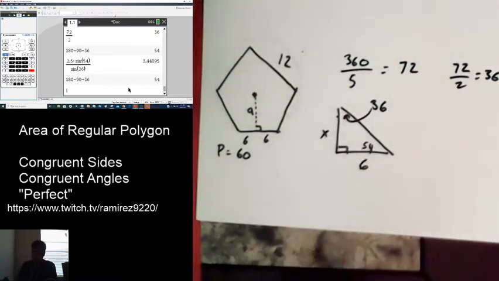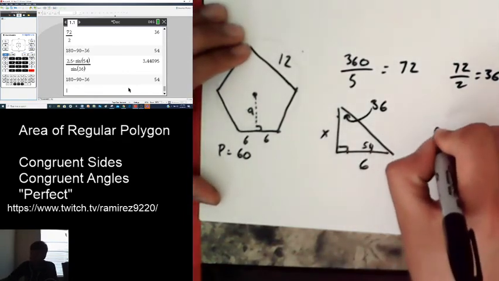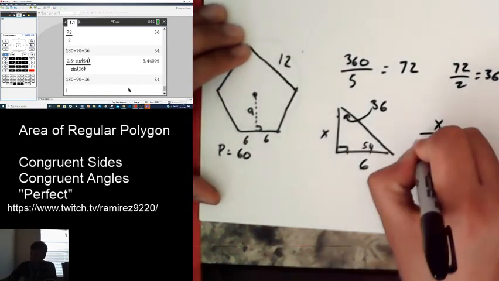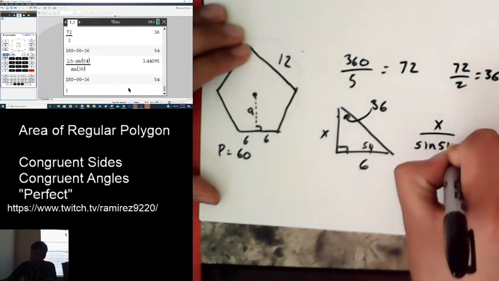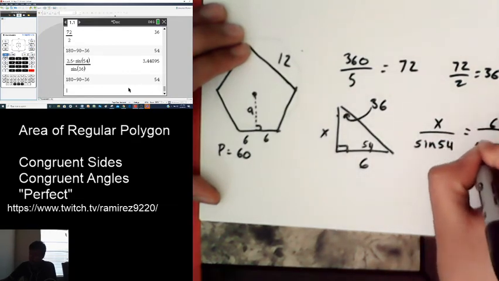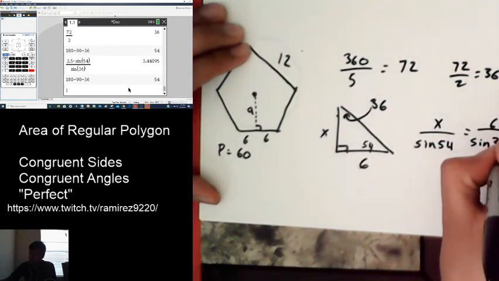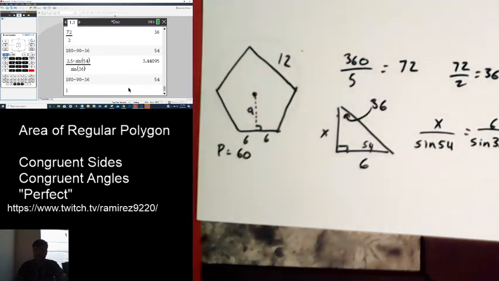Notice how the angles don't change if you're using the same shape, right? So x is to the sine of 54, just like 6 is to the sine of 36. So we cross multiply. 6 times the sine of 54 divided by the sine of 36.